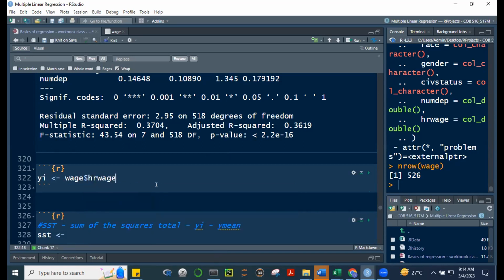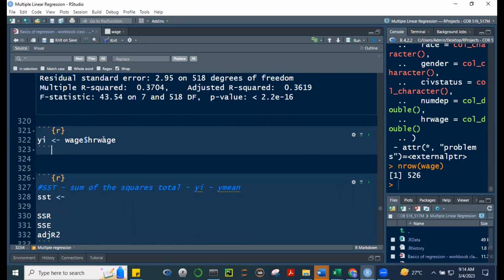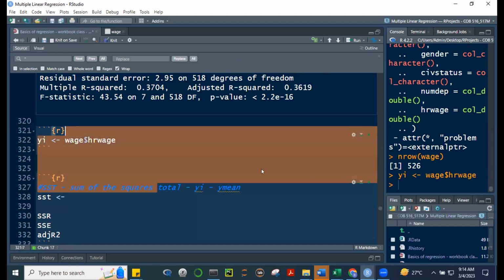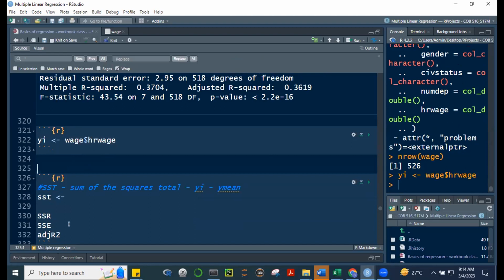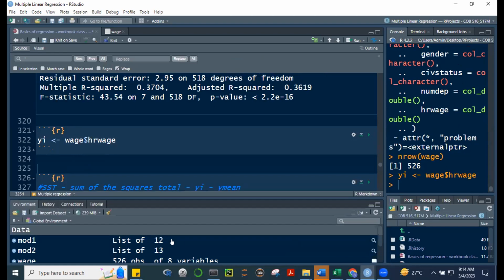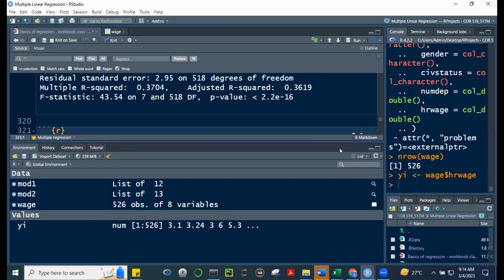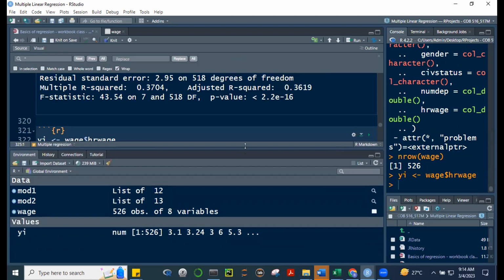I created an object, yi, which is your hourly wage values, the actual values. Let me run this. I now have y sub i.